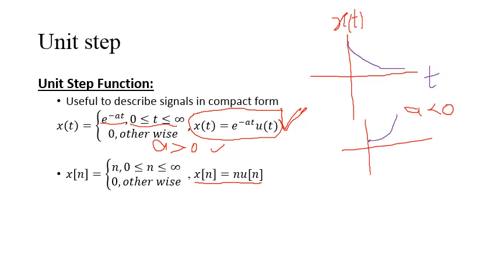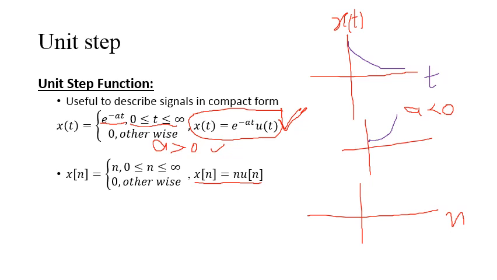So again we come here. In the case of a discrete time signal, we have something like this, because a discrete time signal has values at discrete intervals. Along this axis we have n, and along this axis we have the values of the signal.